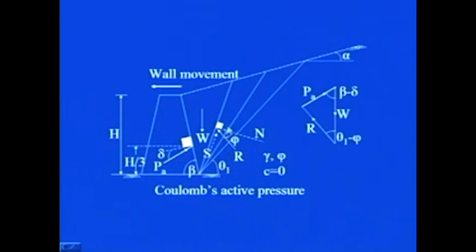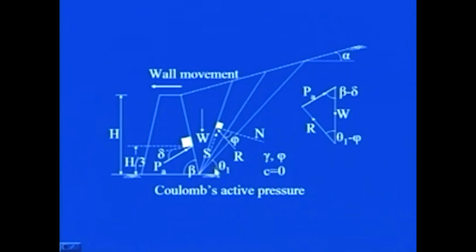But we know the angles. If you see from this figure, the angle which is subtended between W and PA is beta minus delta, which will be known to us. The angle between W and R will be theta 1 minus phi, where theta 1 is the inclination of the considered trial wedge from the horizontal.